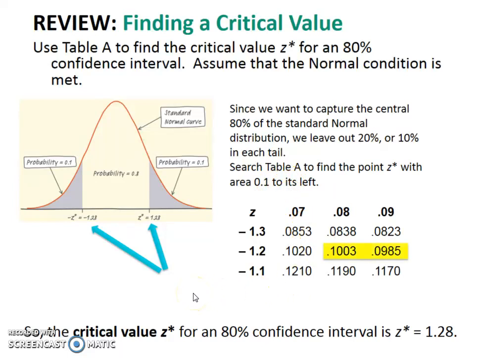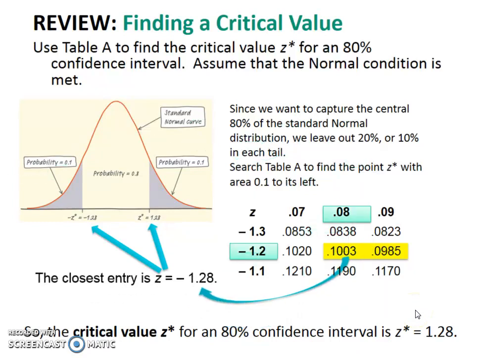Okay, so we do that and we see, hey, it's somewhere in between here, between negative 1.28 and negative 1.29. Now it's closer to this one right here, right? 0.1 is closer to that than it is to this. So we would say our critical value, z star, is 1.28. Okay, that is the closest one. So always go for the closest one.